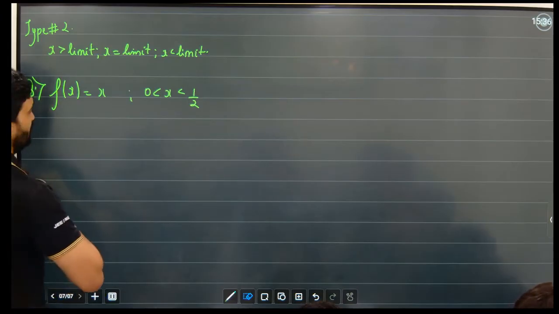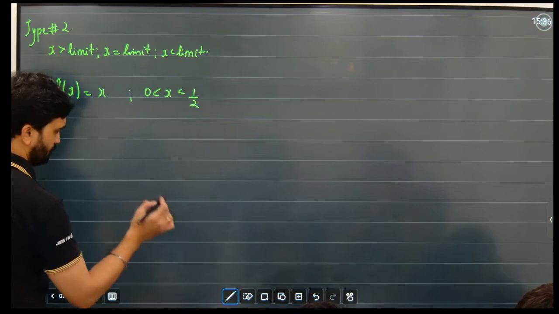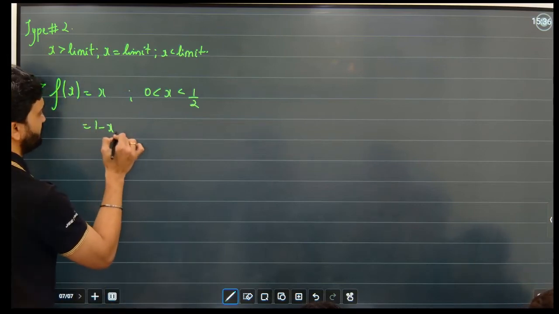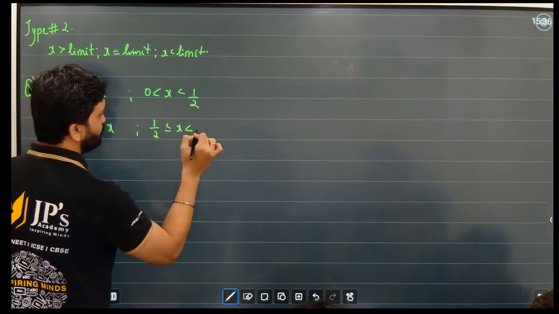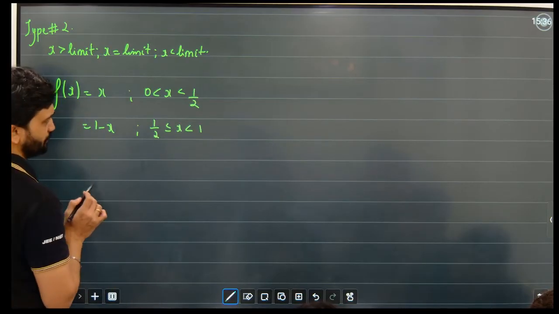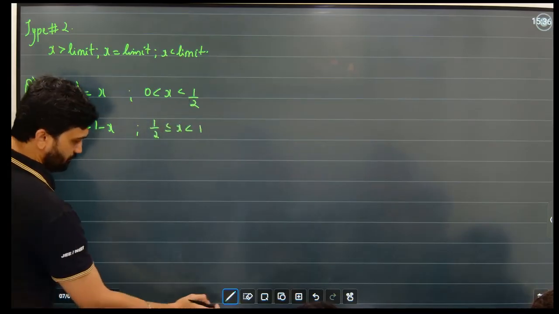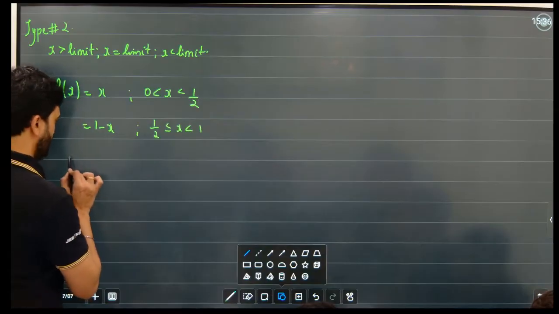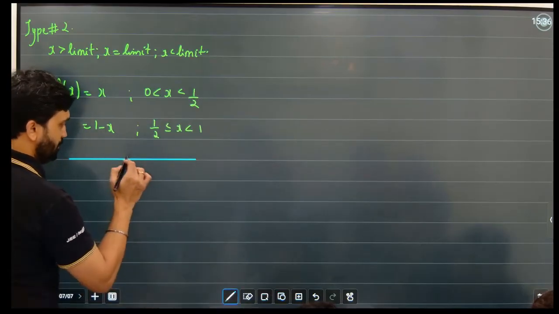Okay. Second part is 1 minus x, half less than equal to x less than 1. Okay, now listen carefully. I know that my limit looks like this. My limit is breaking at half.